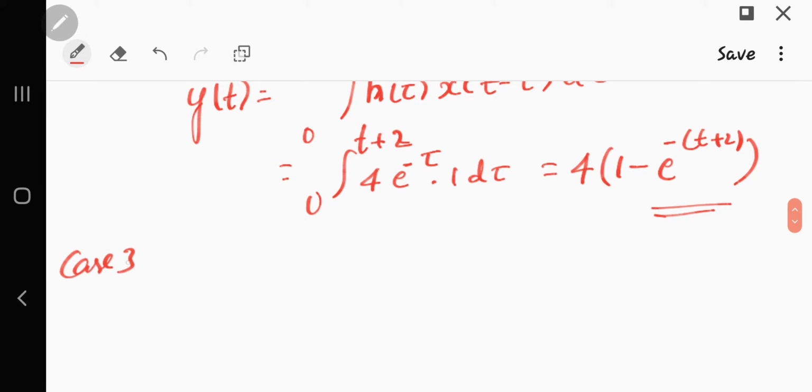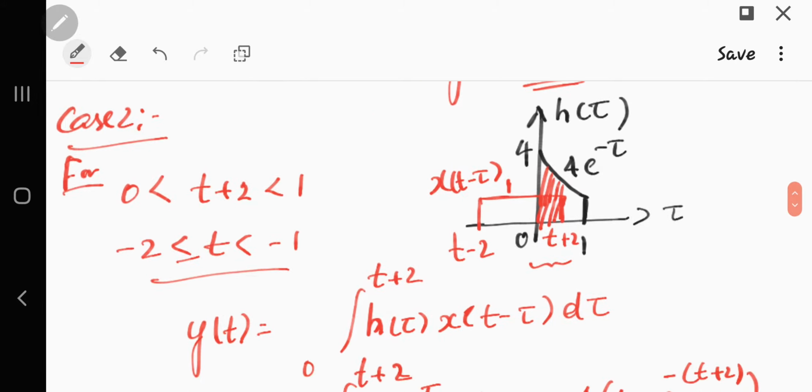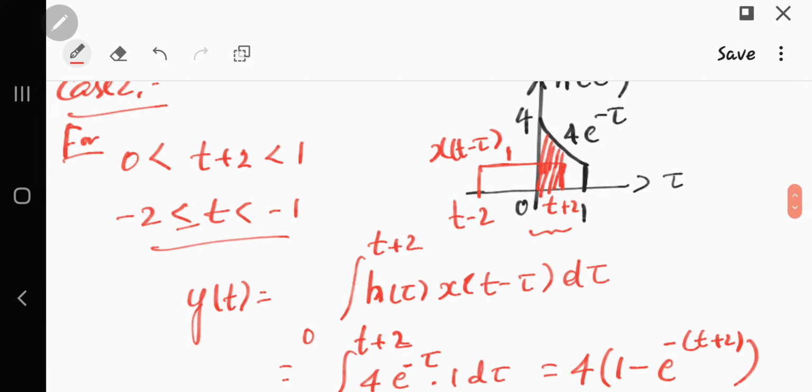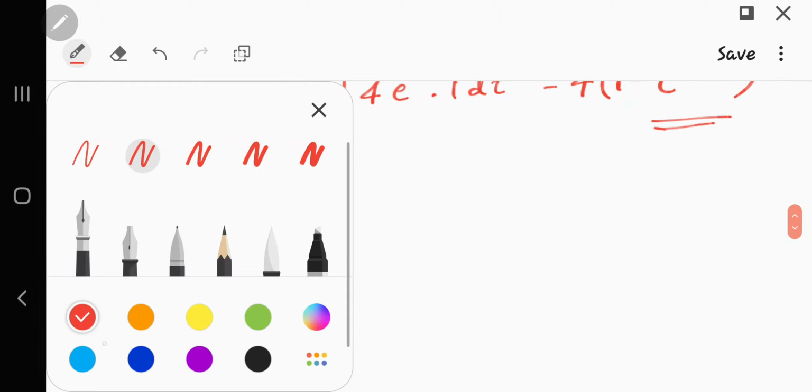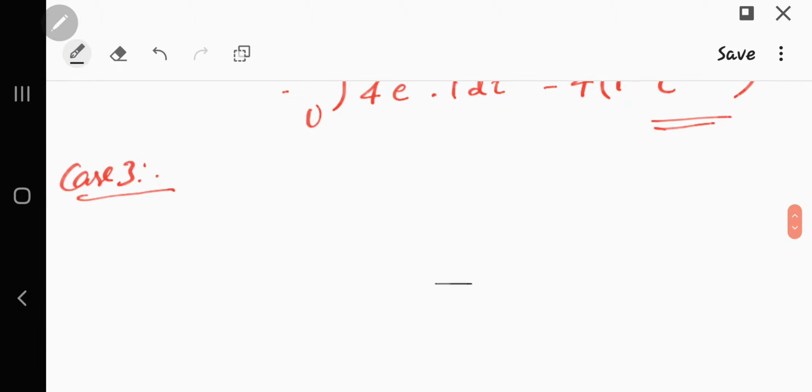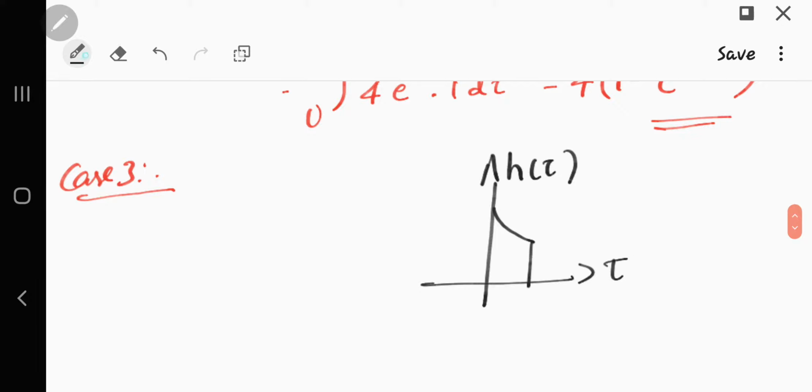Case 3. Now here in this case, I will move the signal further. I will take this outside the index 1 and let's see from where to where the signal will overlap. So this is h of tau, and let's take the shifting signal.